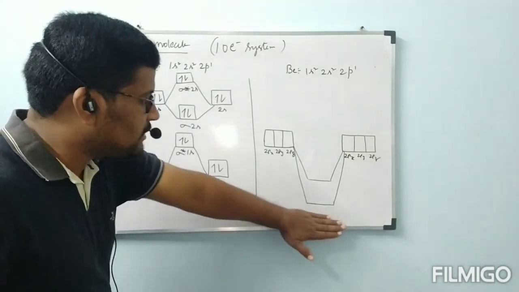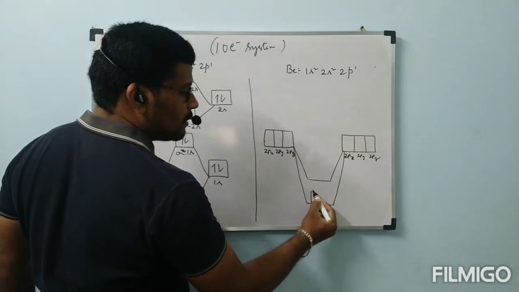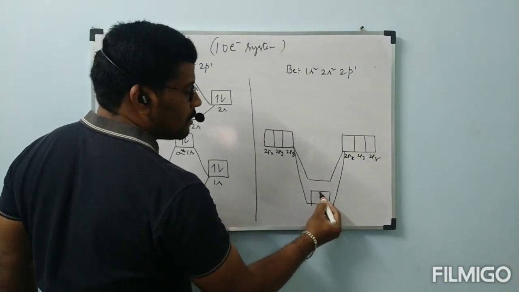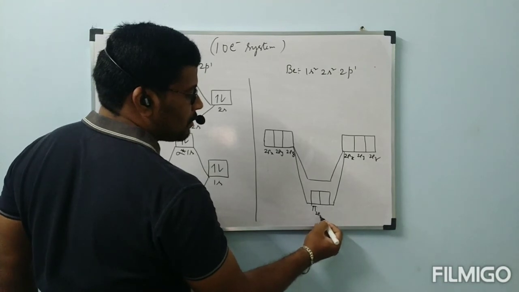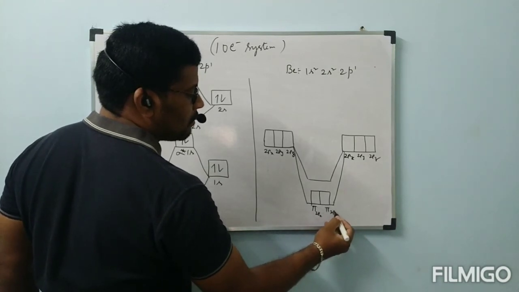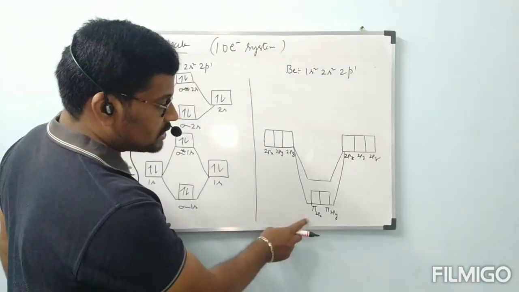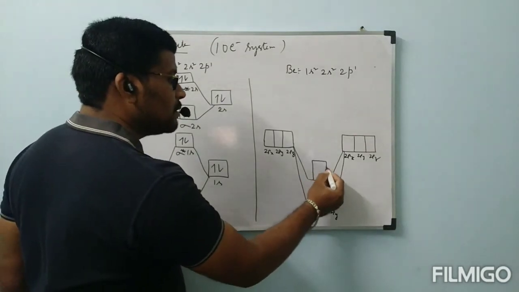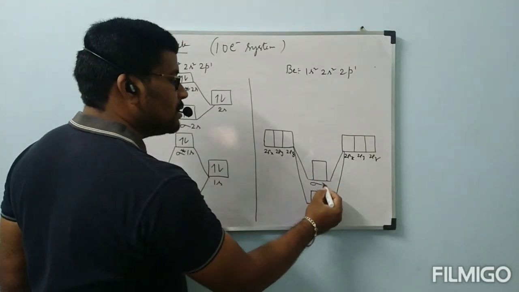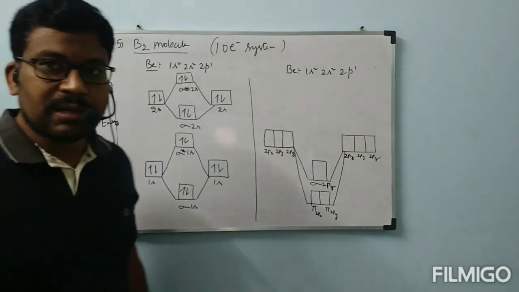Okay, pi 2px, pi 2py. You are able to see, I think, this is pi 2px, pi 2py. This one orbital, no? Sigma 2pz. What is it? Sigma 2pz.